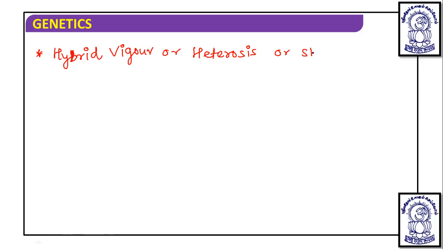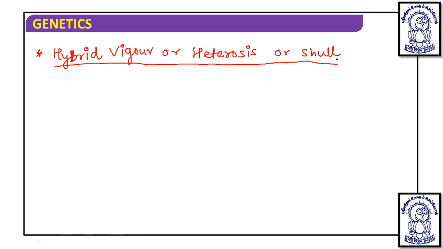Now, what is this thing? First, understand, dear students, that if we talk about our father, whether it is your father or my father, they are comparatively superior than their fathers, and we are comparatively superior than our parents in some aspects, not in all ways.